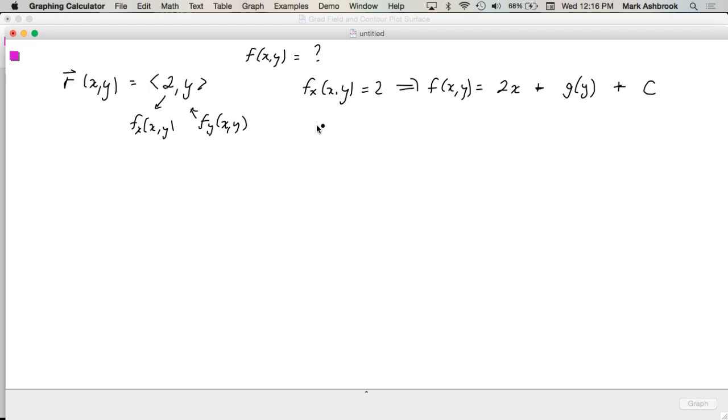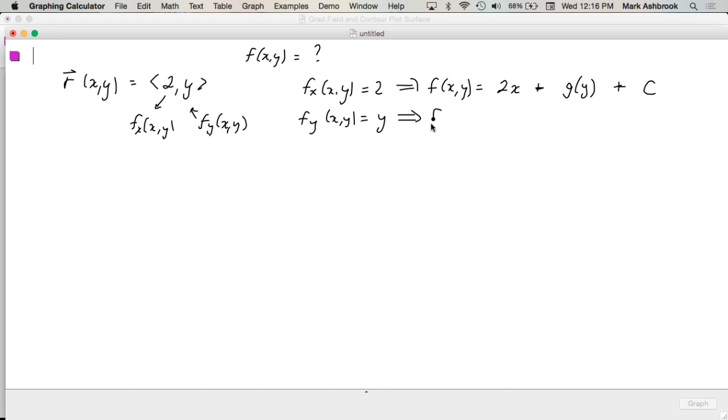Okay? Now we also know that the partial with respect to y equals y. This can give us another perspective on f, right? When we do the partial antiderivative with respect to y, we're getting a different perspective on the same function f.